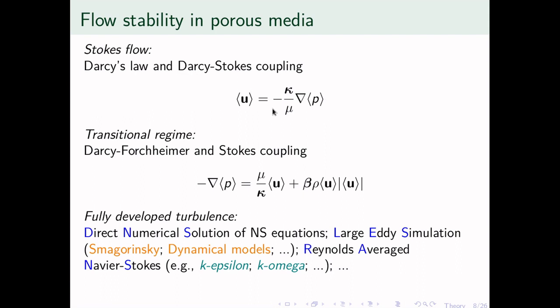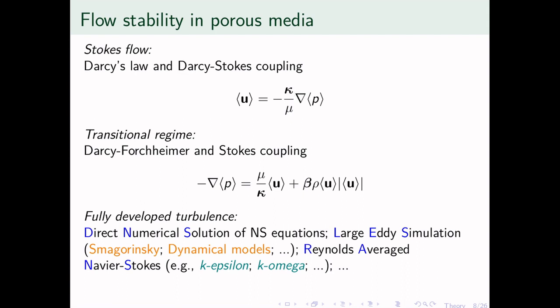So in Darcy's law, we ignore these non-linear effects, the non-Darcy effects, and are left with the linear law. So the average velocity field is a function of a gradient of the average pressure field, and the proportionality constant here is the permeability of the system.